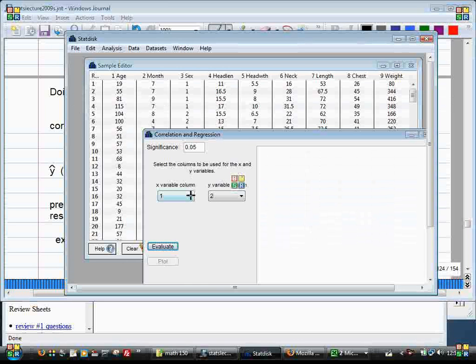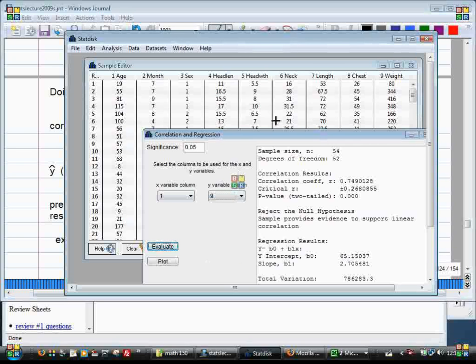What was our x variable? It represented age. What column is age in? Which column of the data? It's the first column. Now, what was the y variable? It was weight. Which column is that? 9. So we have to adjust that. And now all you do is click Evaluate, and there's everything.